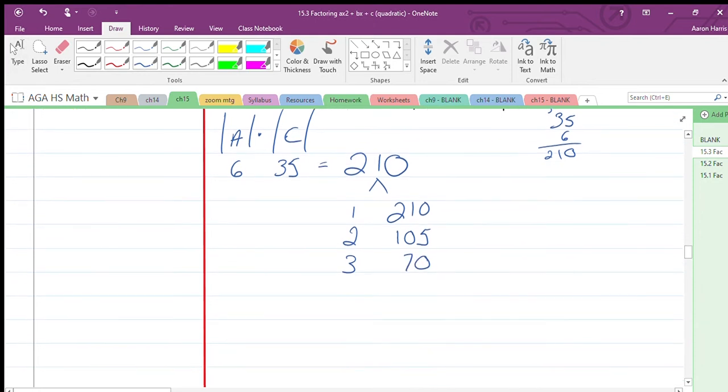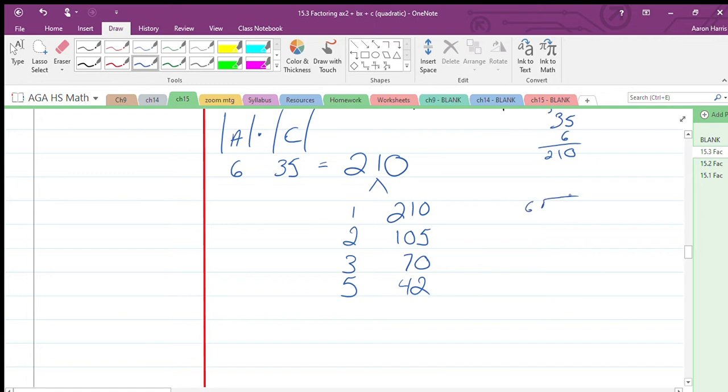Does 4 go in? No. Does 5 go in? Yes. 5 goes into 210 42 times. Does 6 go in? Well, you might have to check it.